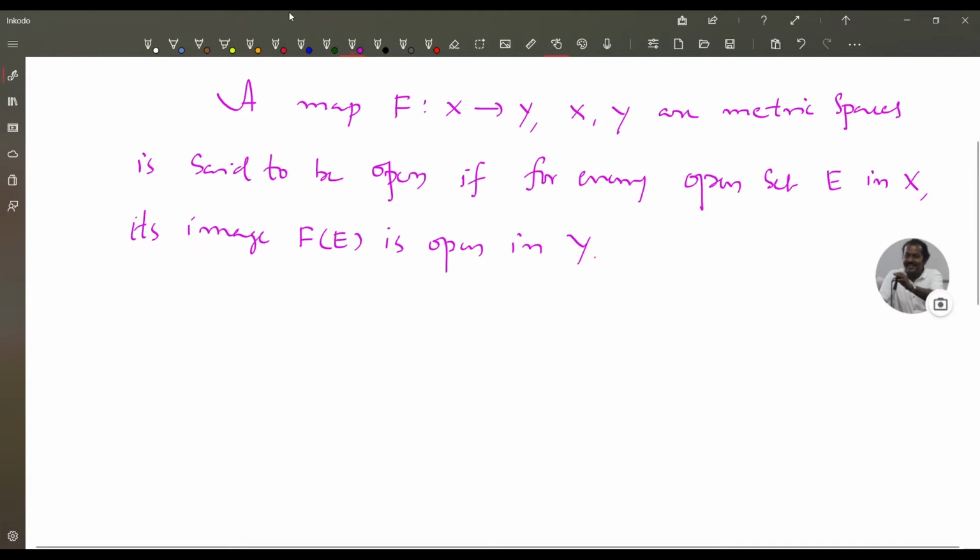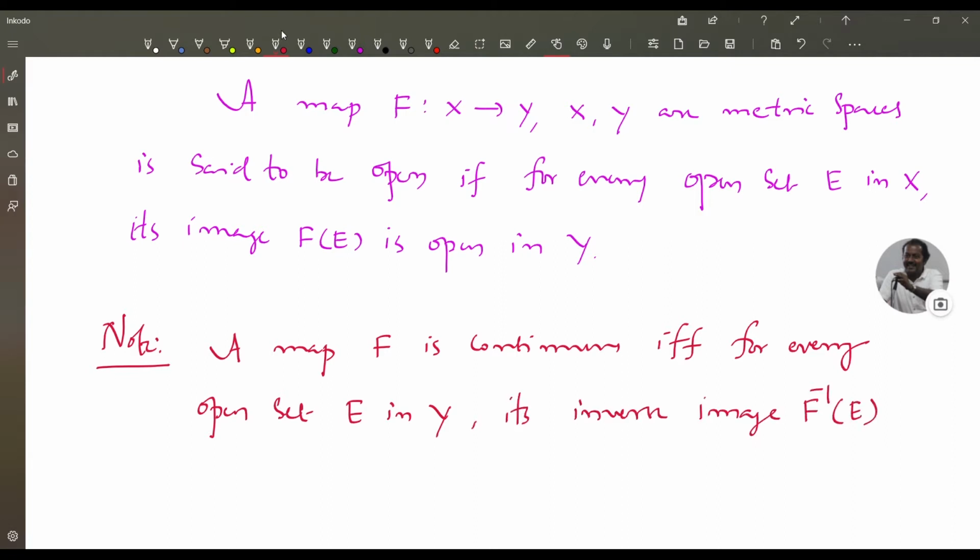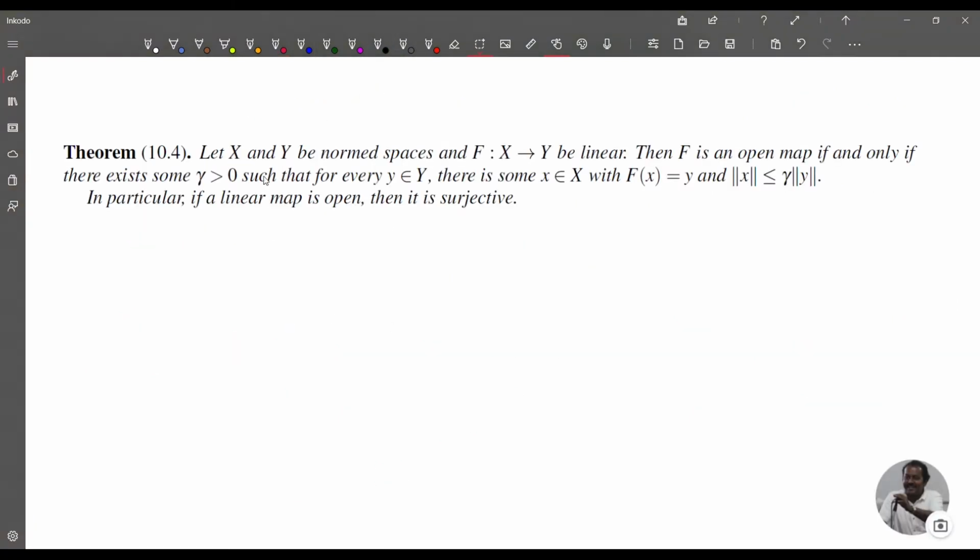We write a note. You know that a map f is continuous if and only if for every open set E in Y, its inverse image f inverse of E is open in X. So we prove this theorem, theorem 10.4 in your text.